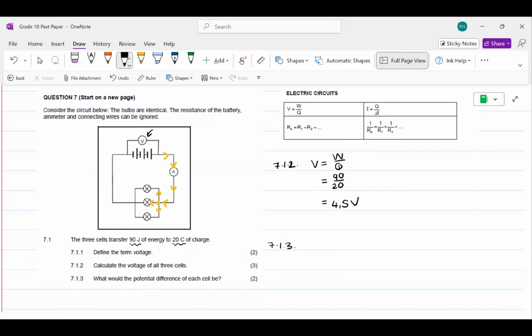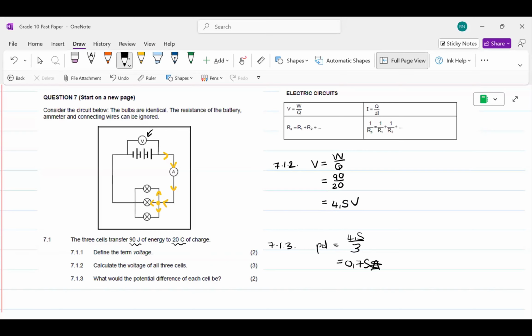So our potential difference is just going to be 4.5 divided by 3 because we have 3 cells. Oh, sorry, not 0.75.